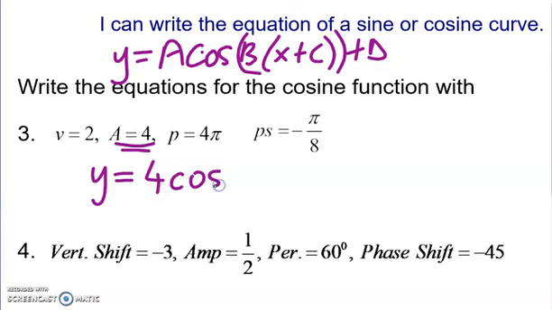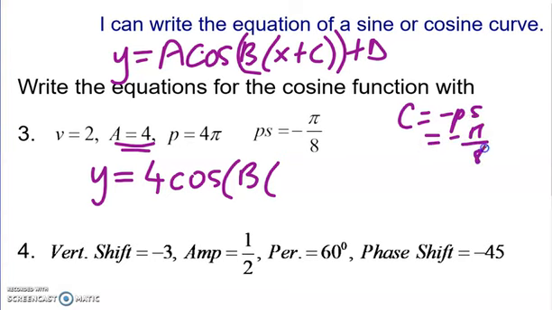Then I've got cosine. I've got to still figure out what my b value is. Then my c value is negative of my phase shift. So in this case, it's negative pi over 8. A negative of negative is a positive, so that's going to be positive pi over 8.